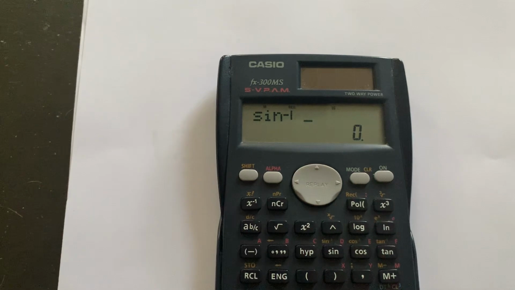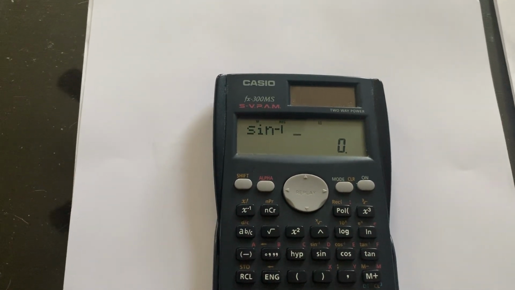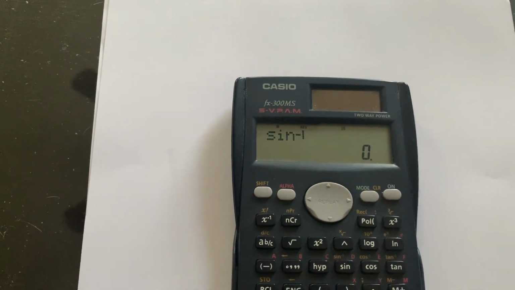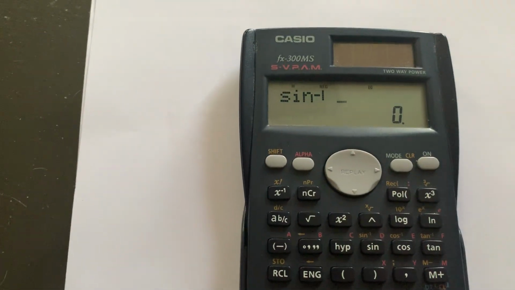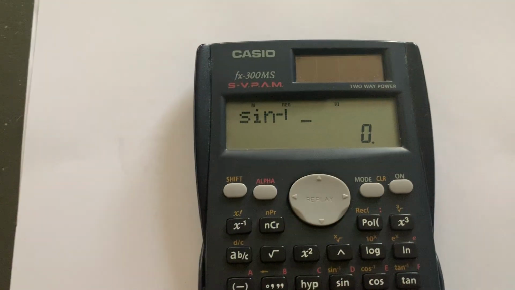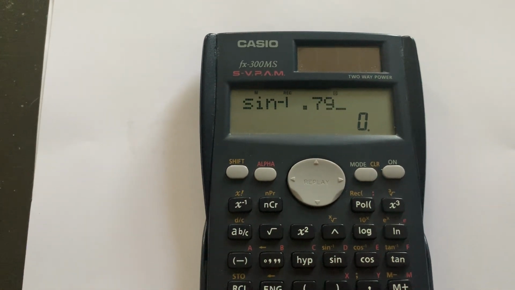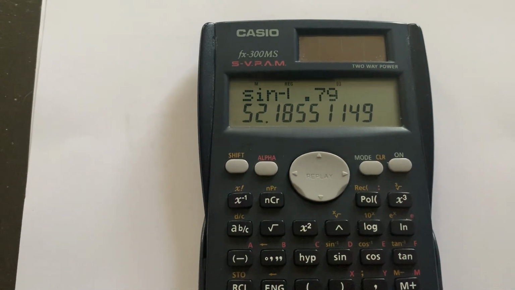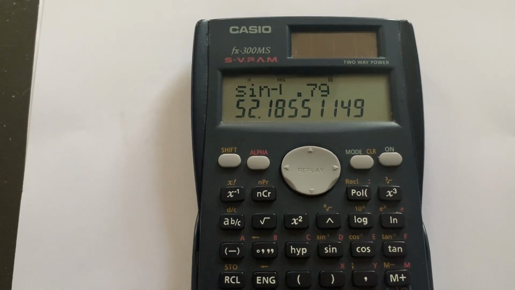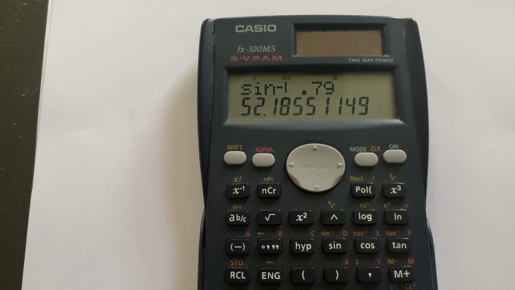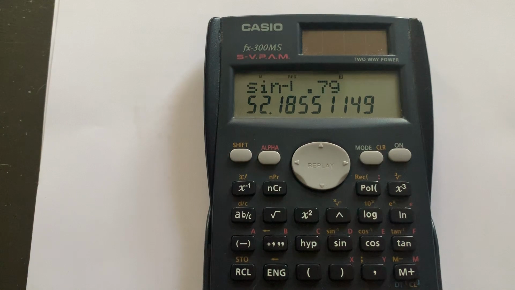And then what I'm going to do is put in a ratio, one of our sine ratios, and in the last video, at one point we used 0.79. And if I have it calculate that, what it spits out is 52.1855, so this is about 52.